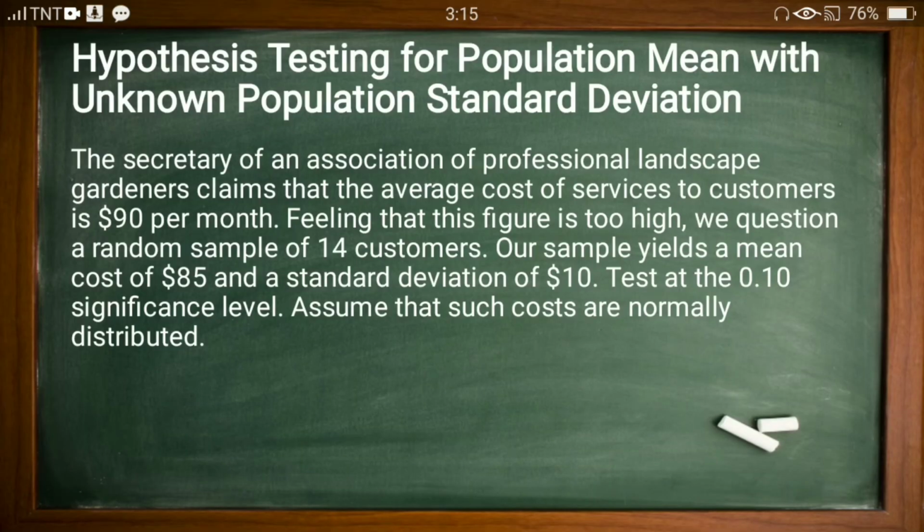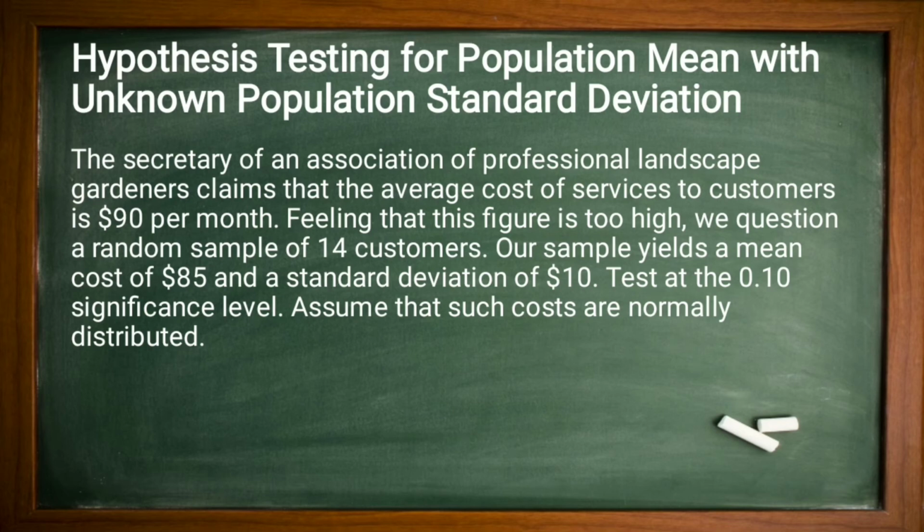Okay, proceed po tayo sa hypothesis testing for population mean with unknown population standard deviation. Okay, basahin ko po. The Secretary of an Association of Professional Landscape Gardeners claims that the average cost of services to customers is $90 per month.